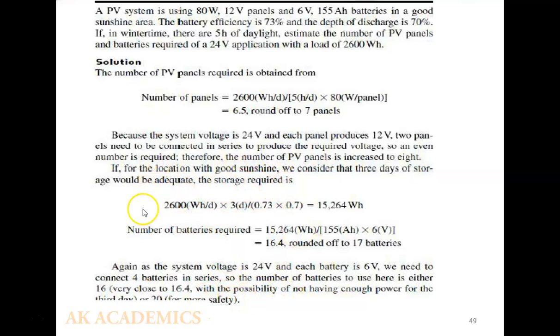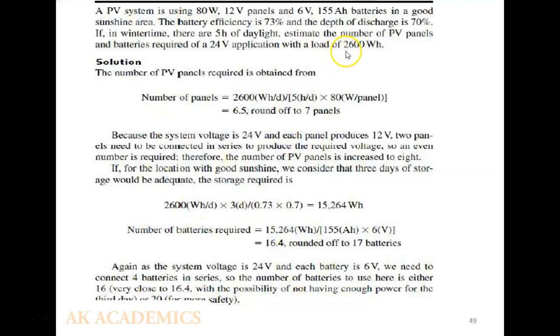So if we are considering 3 days of storage, the total load to be supplied is 2,600 watt hours per day, multiplied by the 3 days of autonomy, divided by the battery efficiency, would give us the total energy we need from the battery. That means we have to supply this 2,600 for 3 days.